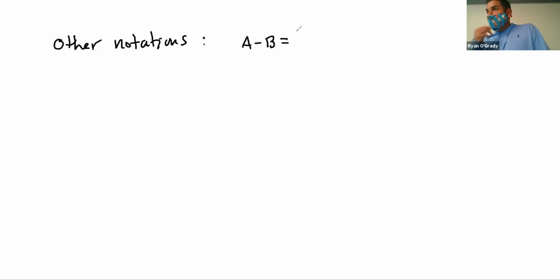It's everything that's in A but not in B. We might also write it as A, and this gets confusing for some people, backslash B. Some people like to read this as A take away B. And some other notation people have, instead of writing A take away B or A minus B, is another universal notation: to write B with a power C.